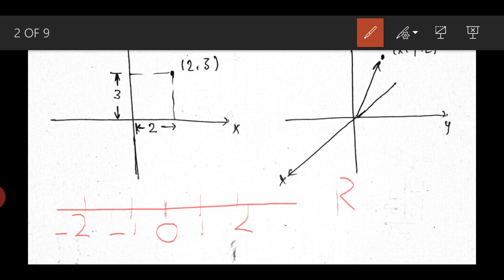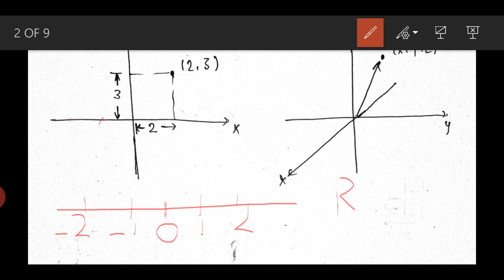In the same way, this concept can be extended to the two-dimensional case, where I can specify a two-tuple number. Let us suppose I want to specify the number (2, 3). What I can do is to plot an x-axis and a y-axis. I take points 1, 2, 3 and 4 and so on, and on this side there are -1, -2 and so on, and similarly for the y-axis.